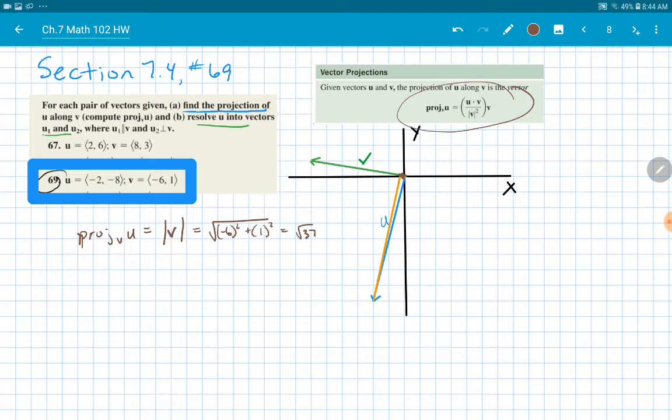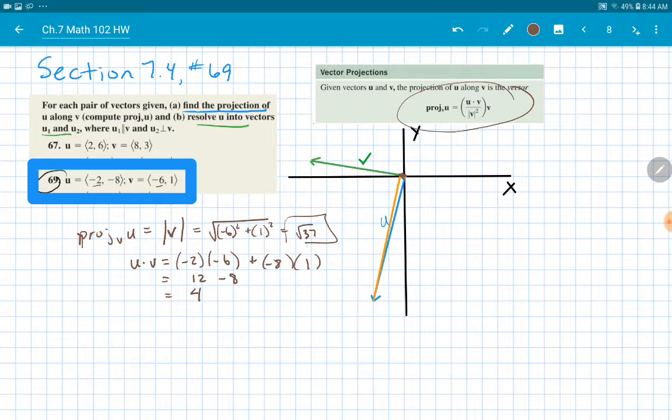And then for the numerator, I have u dot v. That's the dot product. So that means I take the first two terms, the horizontal components of u and v, and multiply them. I get -2 times -6, and add the second two terms multiplied together. So that's -8 and 1, and that gives me 12 minus 8, which is 4, and a dot product is a scalar.